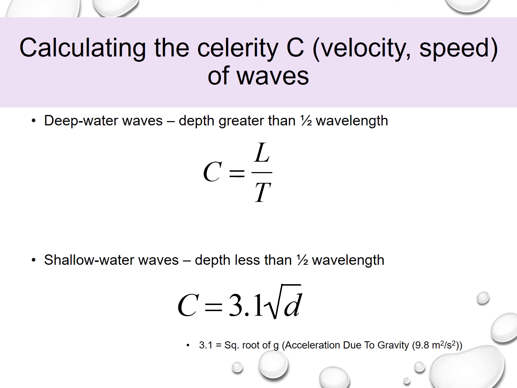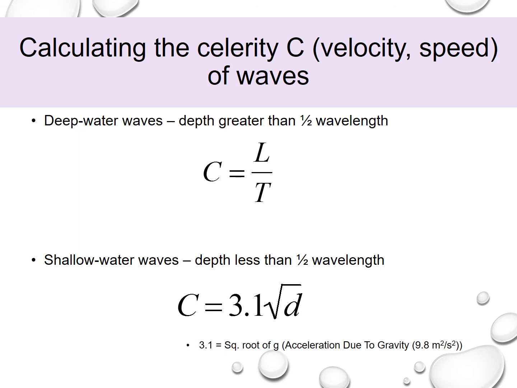The celerity is calculated differently for shallow water waves. So this is for waves where the depth is less than half a wavelength. So the celerity equals the square root of the acceleration due to gravity times d. So in the formula that you see here, the 9.8 meters squared divided by seconds squared, which is the acceleration due to gravity, has been pulled out.